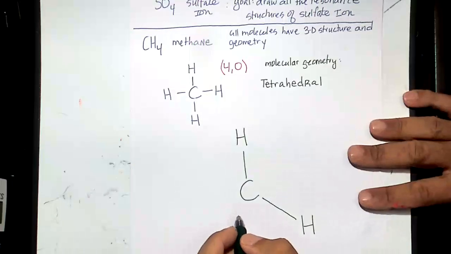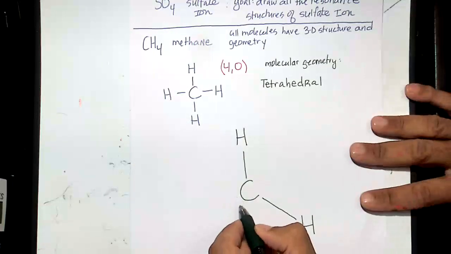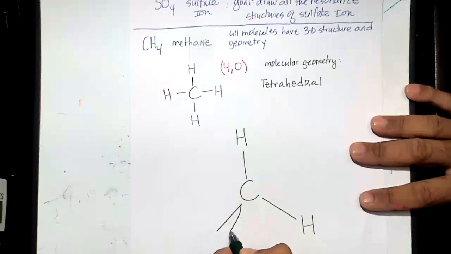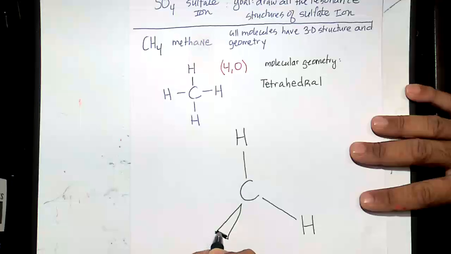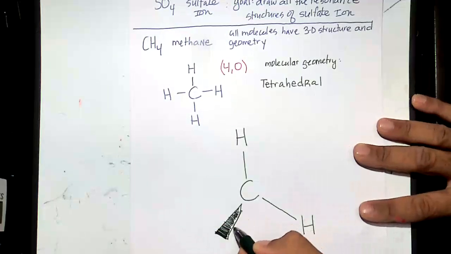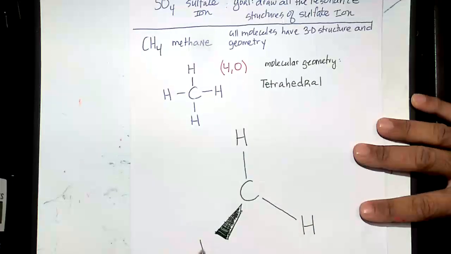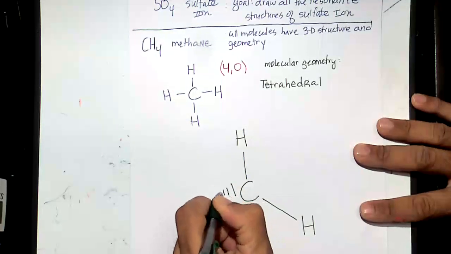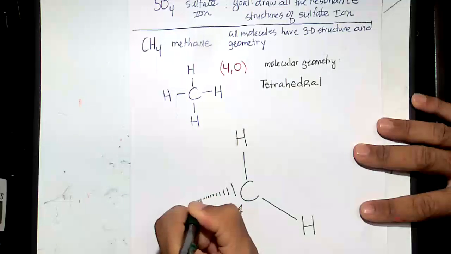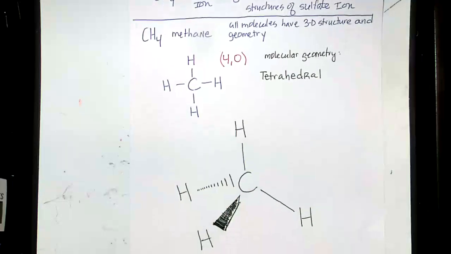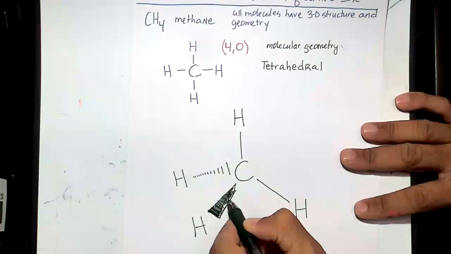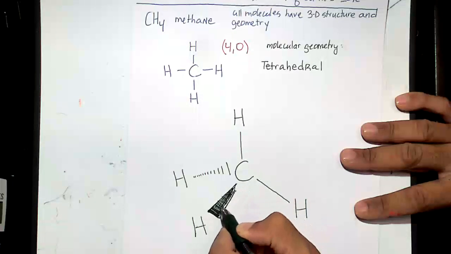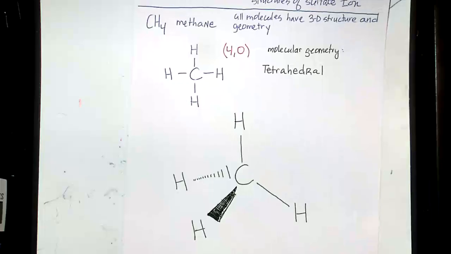The one that's coming towards you is called a wedge. And the one that's going behind is a dash. So this is the 3D structure of methane. The molecular geometry is tetrahedral.